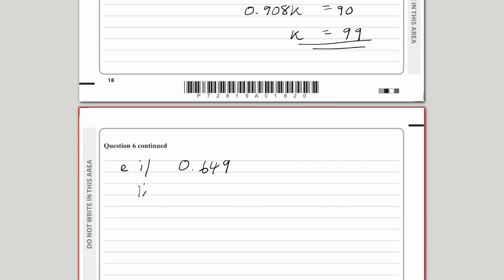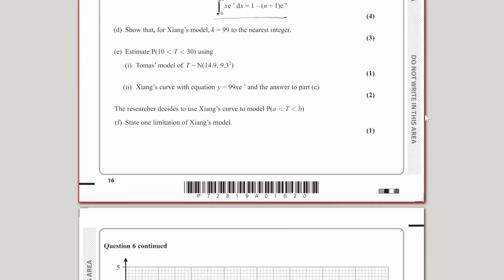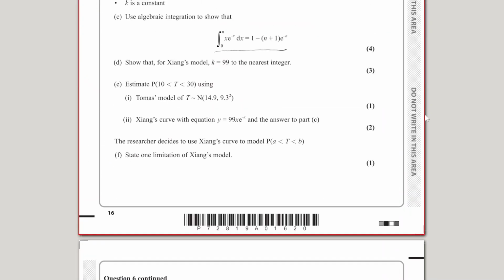And the same for the other model. So the probability between 10 and 30, using Zhang's curve and the answer to part C. So that's between 0 and n.